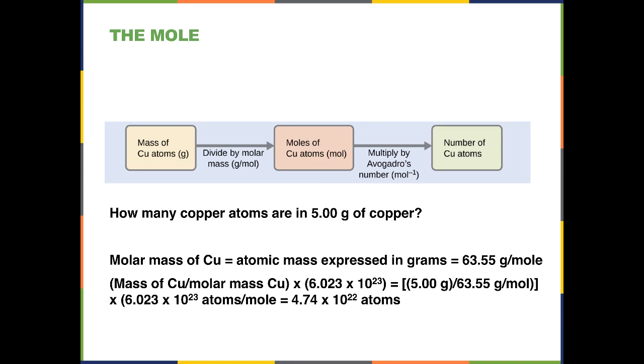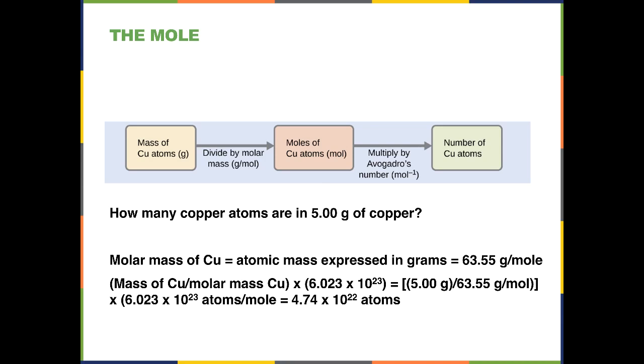So you take 5 grams divided by 63.55, that gives you the middle section, or the moles of copper atoms. Then you multiply that by the number of atoms per mole, and you end up, there are 4.74 times 10 to the 22 atoms of copper in 5 grams of copper.